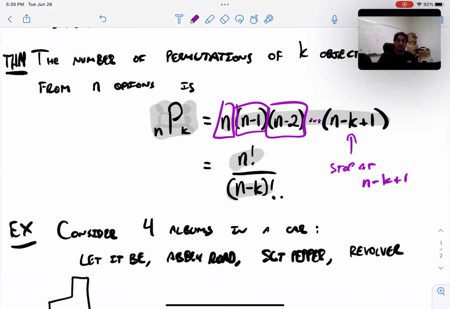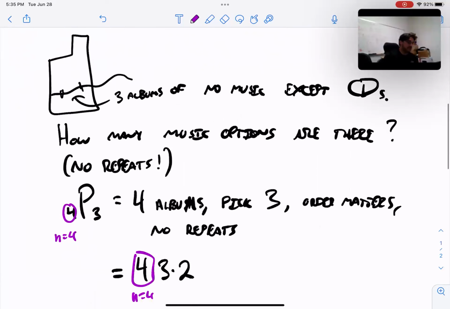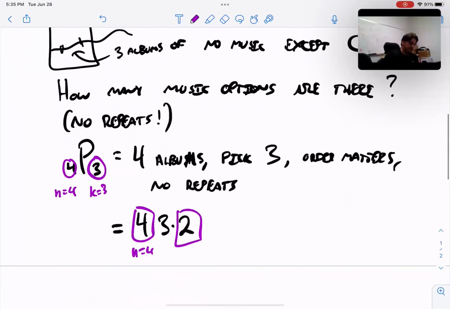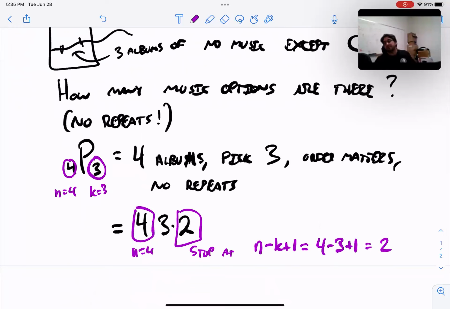What was k in this case? k was 3. So when do I stop? Well, I stop at n minus k plus 1, which in this case is 4 minus 3 plus 1, which is 2. So when you hit 2, then you stop. And in between, what did I do? I just multiplied by 1 less, and I stopped when I hit n minus k plus 1.